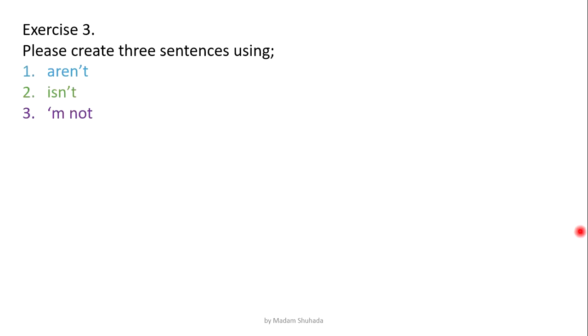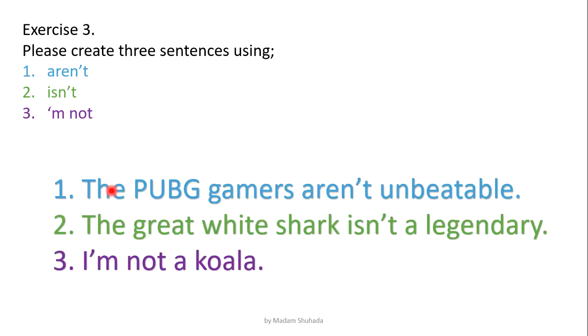Okay, now let's move on to exercise 3. Please create 3 sentences using aren't, isn't, am not. Again, you can pause the video and write your answer in the comment section below. Okay, now here are the example sentences.